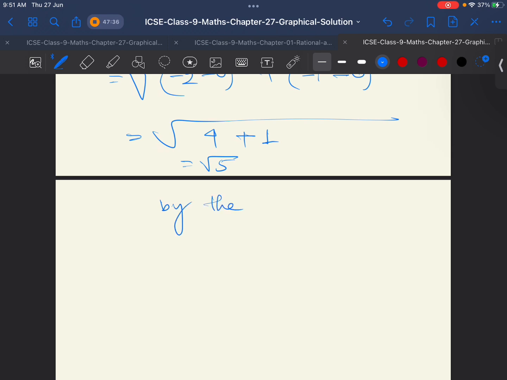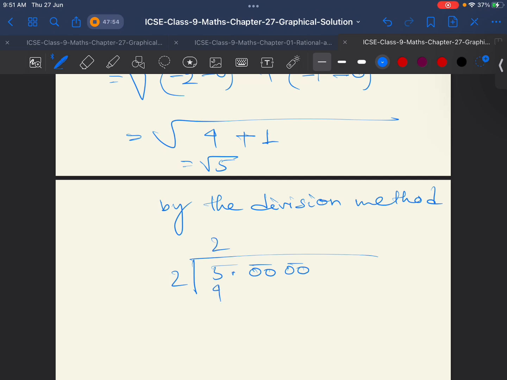Now we calculate the value of √5 by the division method. We take 5 and take pairs. So 2 times 2 is 4, 1 is here, 0 0, and 2 times 2 is 4.